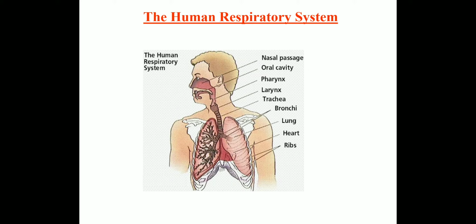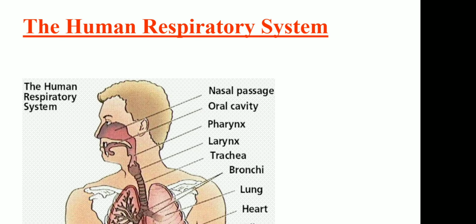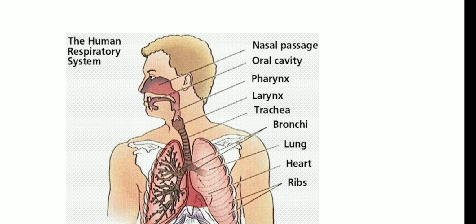Welcome back, children. So now we will study about the human respiratory system. Children, the human respiratory system is made up of different organs which combine together, like we have the nasal passage, oral cavity, pharynx, larynx, trachea, bronchi, and lungs.